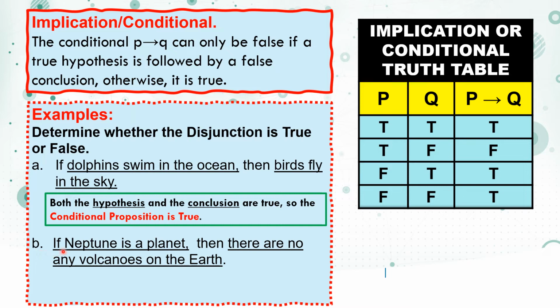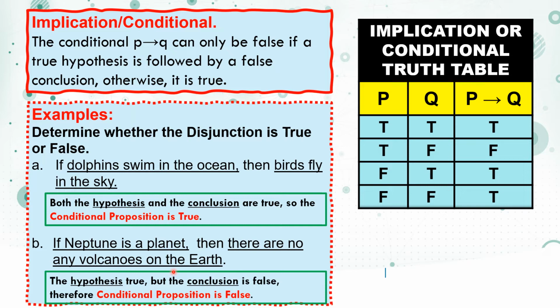Next, if Neptune is a planet, then there are no volcanoes on Earth. So this conditional proposition is false. Why false? Because the hypothesis is true. Neptune is a planet. But the conclusion is false. There are volcanoes on Earth, right?